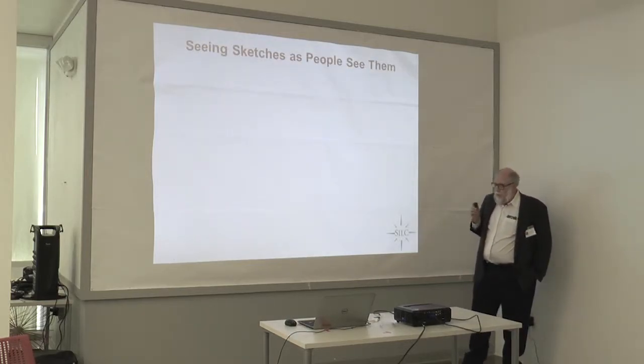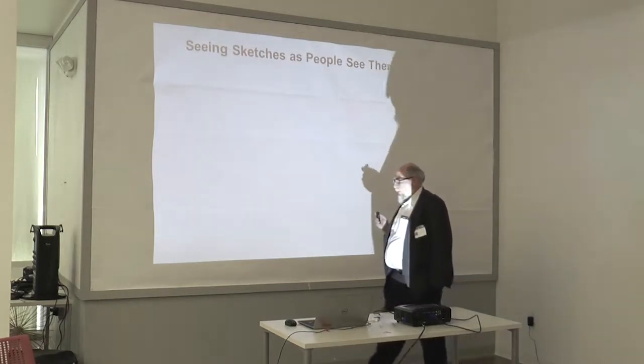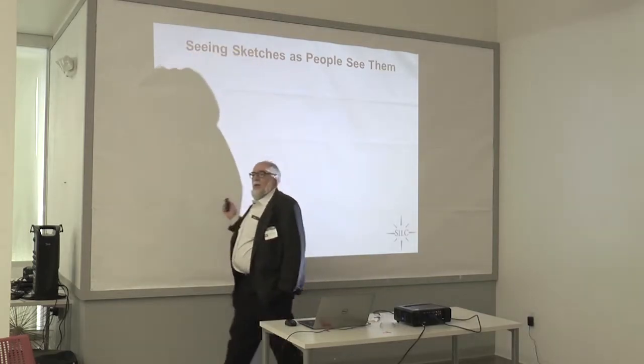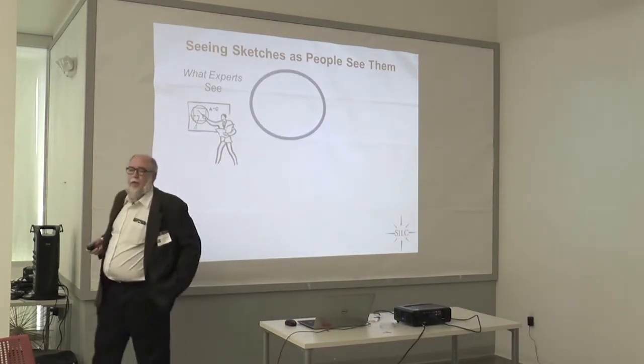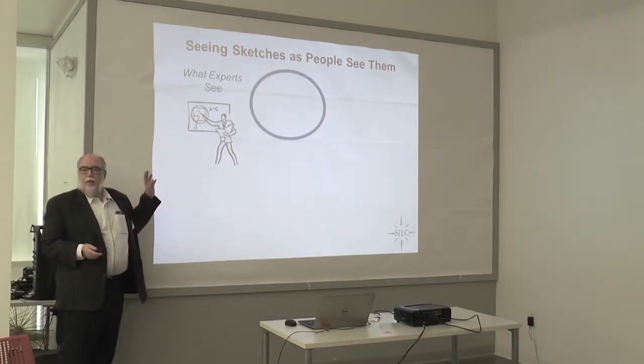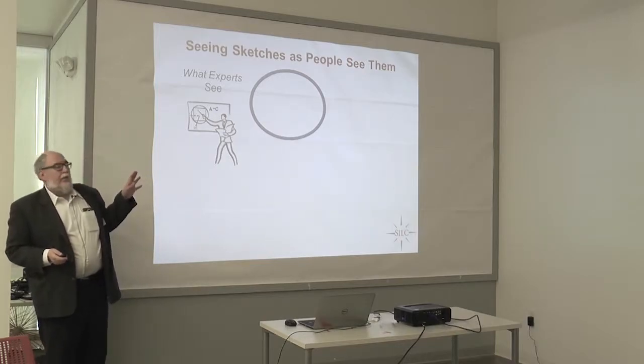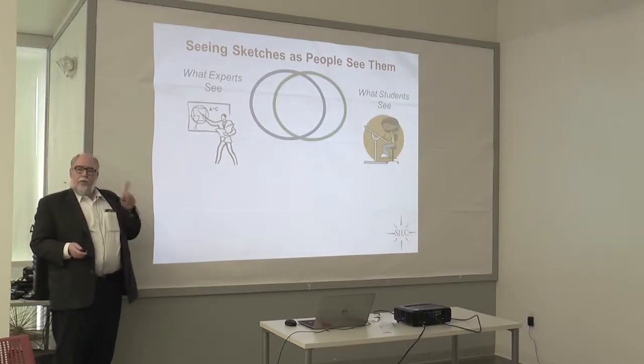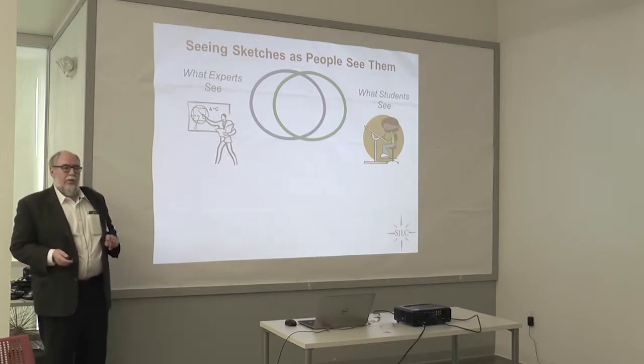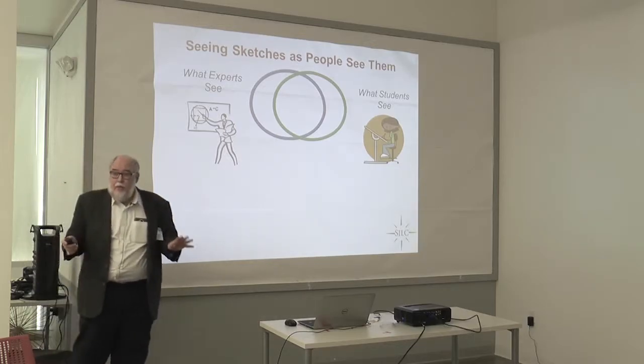So the goal here is we're trying to see sketches as people see them. If you're an architect or an artist, you look at something and you see various things. Now your student doesn't quite see the same things as you do. But in fact, the overlap is huge.